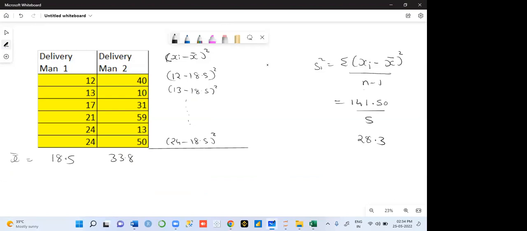Shubham, last one. आप सॉल्व कर पा रहे हो?